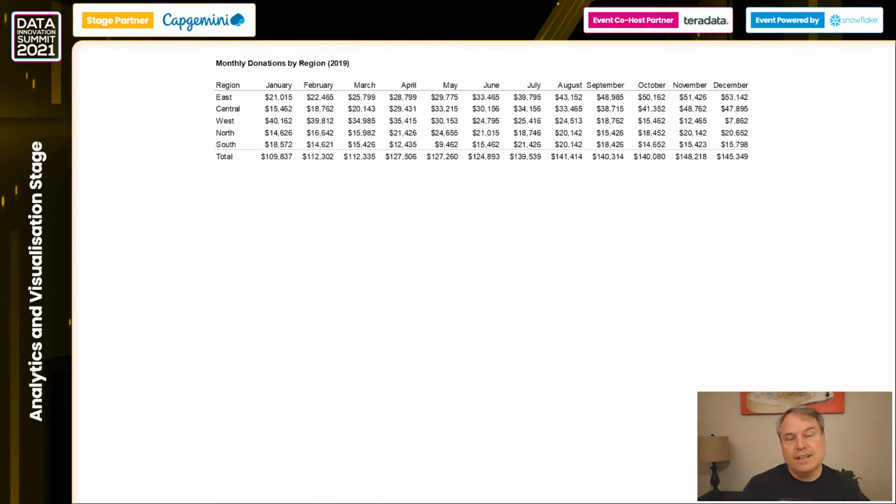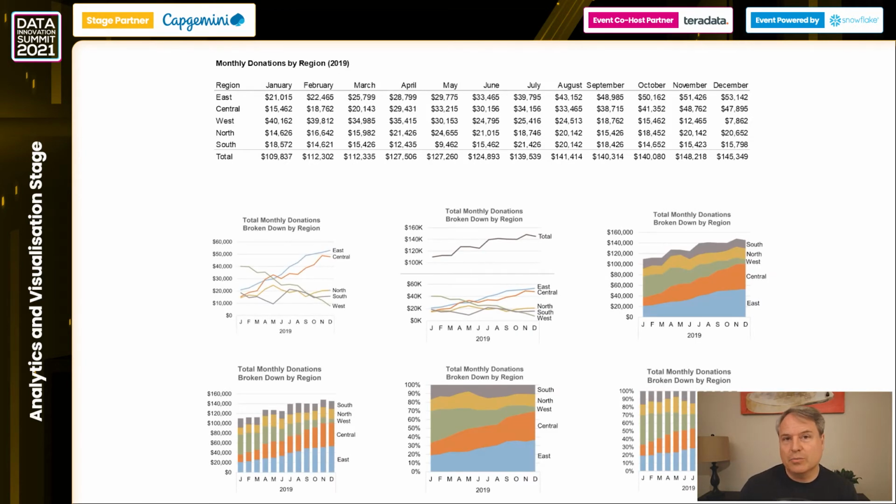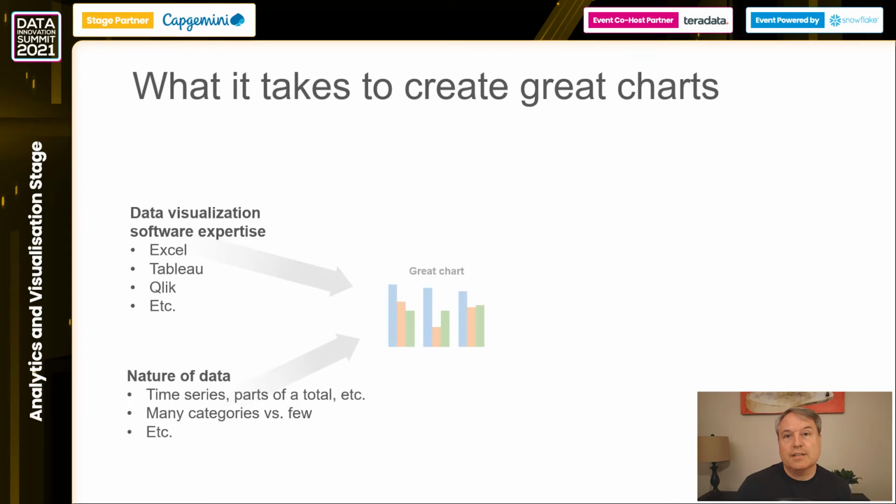And in fact, this is always the case, right? For any type of data that we might need to visualize, there are always lots of different ways that we could actually visualize it. And so just knowing the nature of the data, like is it time series or breakdown of a total or whatnot, is not enough, right?